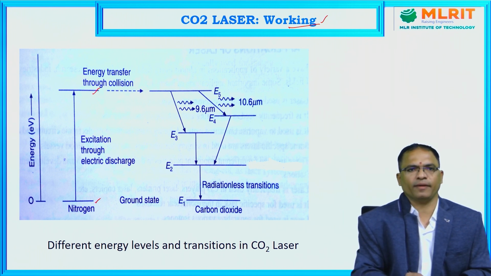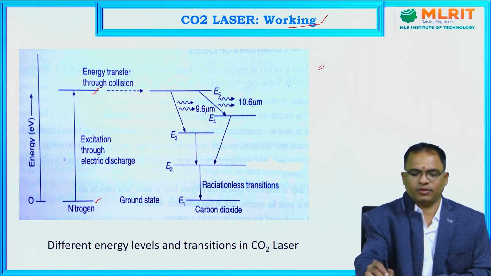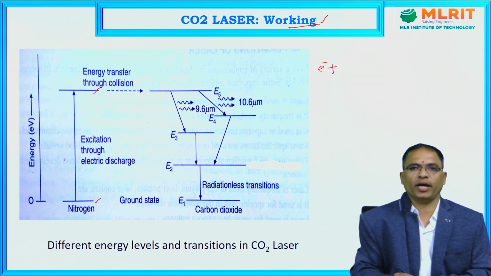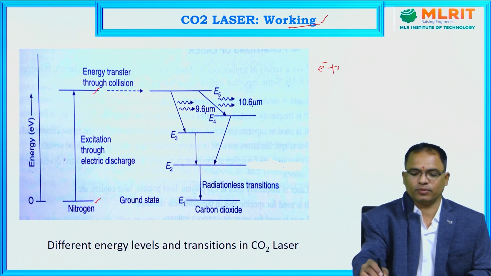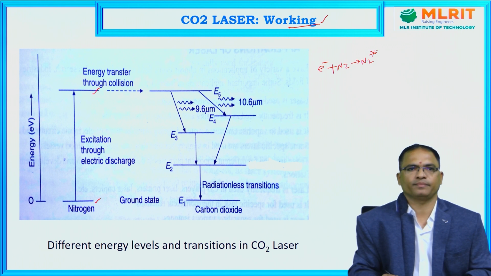When we create a discharge in the discharge tube, electrons move from cathode to anode. While they are moving, they collide with nitrogen molecules so that the nitrogen molecules enter into the excited state.